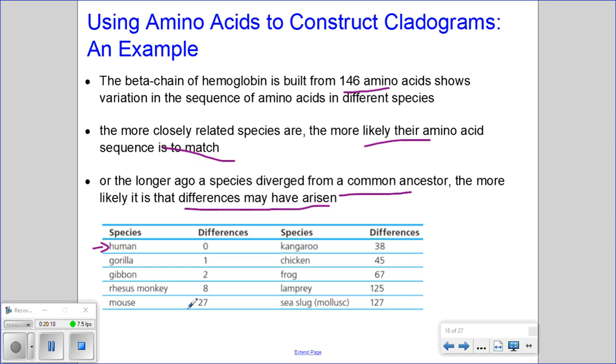The greater the number of differences that you see, the longer ago divergence occurred between those two species. So this could indicate that humans and gorillas are more closely related than humans are to frogs, for example. Divergence from frogs occurred longer ago than humans from gorillas.